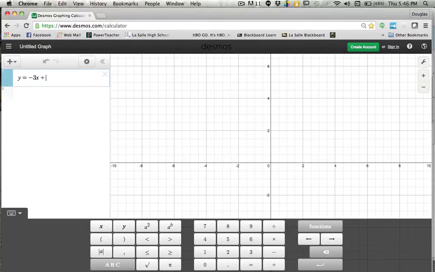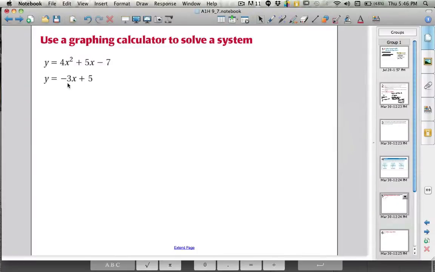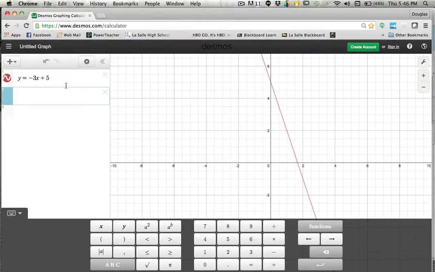And there's my line. And then my other is y is equal to 4x squared plus 5x minus 7.